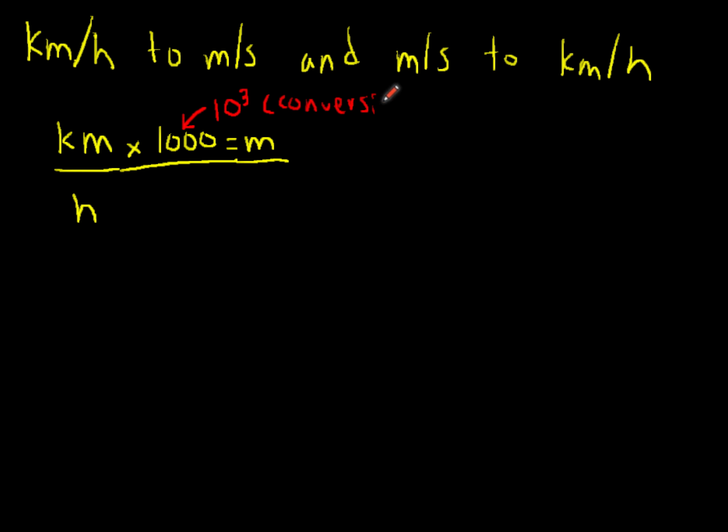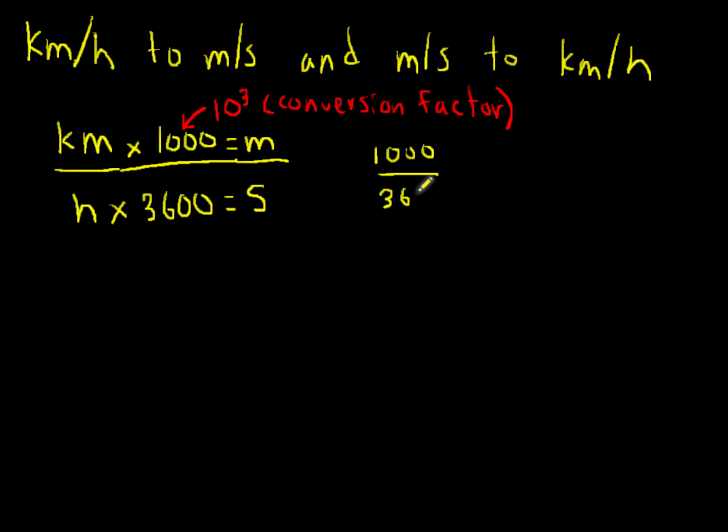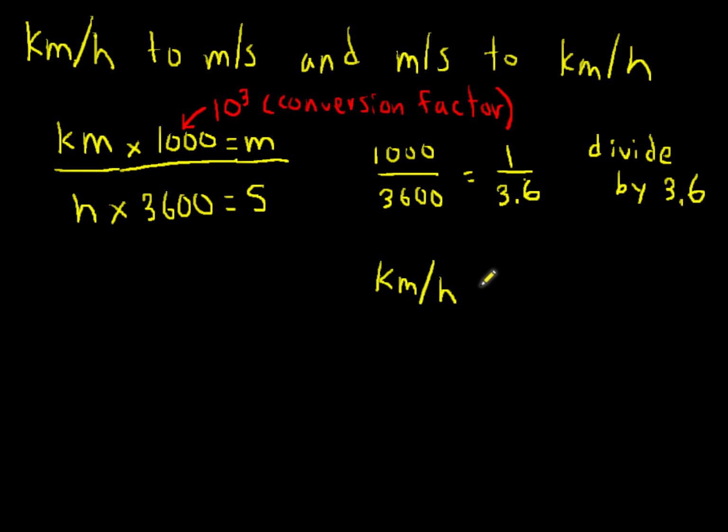So a kilometer times 1,000 will give us a meter using this conversion factor. An hour times 3600 will give us a second. 1,000 over 3600 is the same as writing 1 over 3.6. So divide by 3.6 to go from kilometers per hour to meters per second.